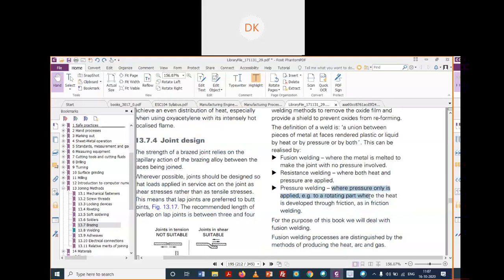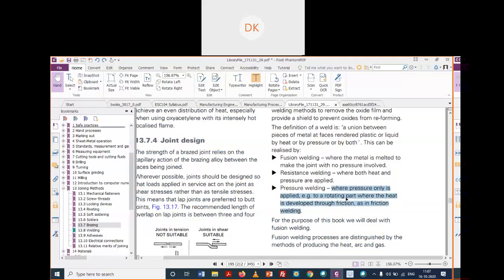Pressure is applied to a rotating bar where heat is developed through friction. So heat is there in the form of friction. You should not put heat from the outside, but there is heat.